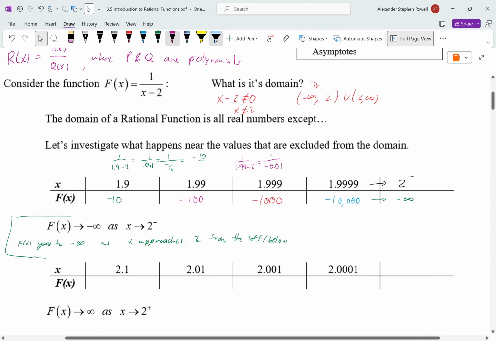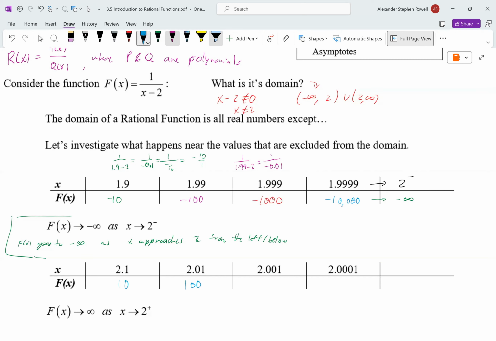On the other side, what if x approaches 2 from above? So 2.1, what should my answer be? Positive 10. 2.01? 100, 2.001. Good. And so we say in symbols, as x approaches 2 from above, from values that are larger, what's my y value approaching?